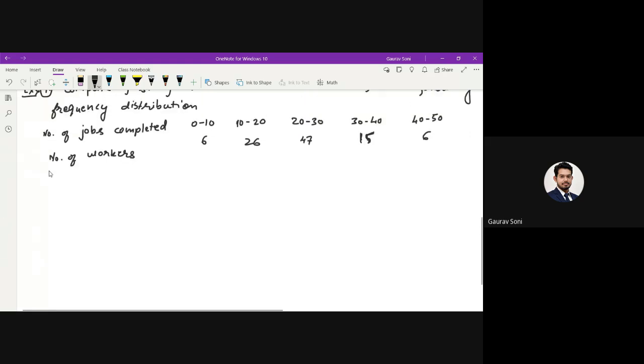Your class intervals, first of all, let's just write down the class intervals: 0 to 10, 10 to 20, 20 to 30, 30 to 40, and 40 to 50. Can you take the class intervals directly in the calculations? What is the change?